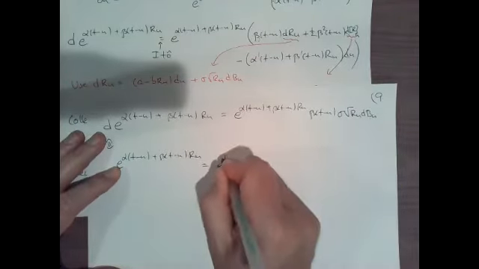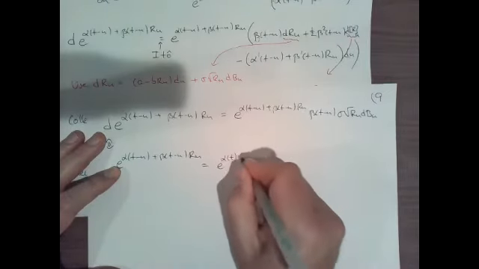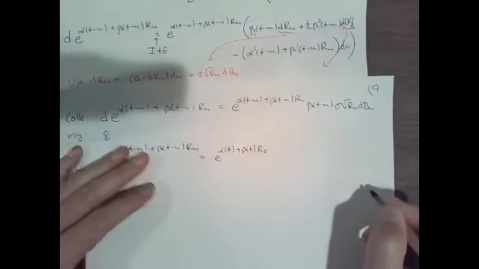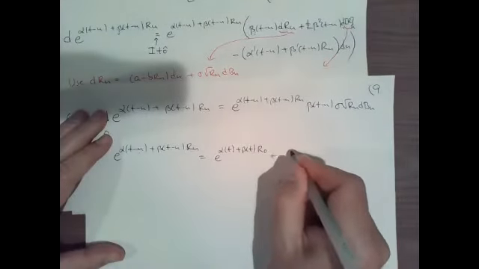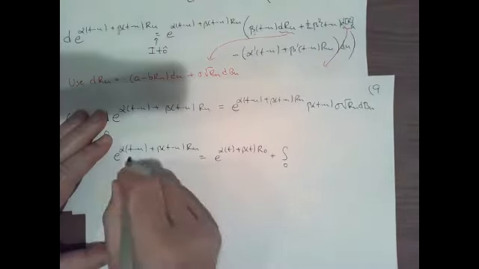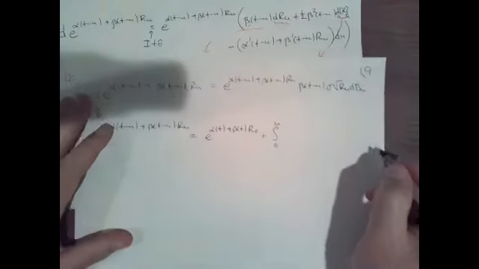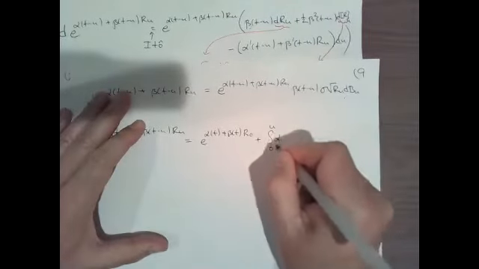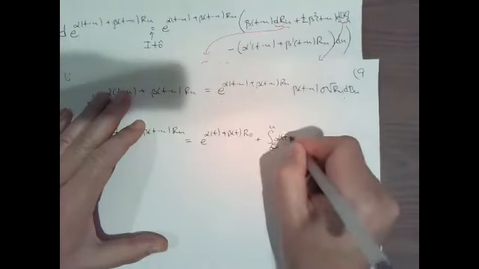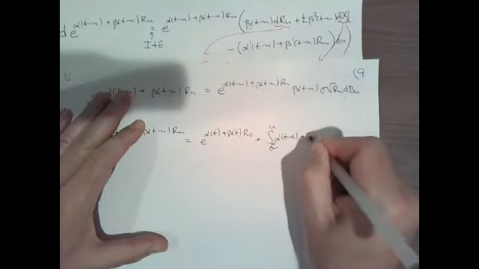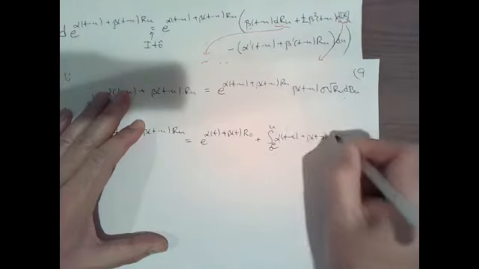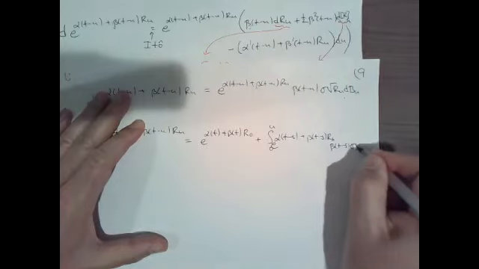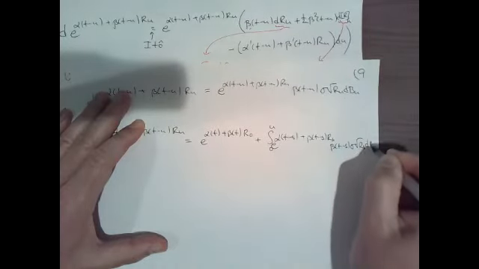This is e to the alpha t plus beta t r0, plus, and then the stochastic integral from 0 to u. And then you write this mess up here: alpha t minus s plus beta t minus s rs, beta t minus s sigma root rs dBs.